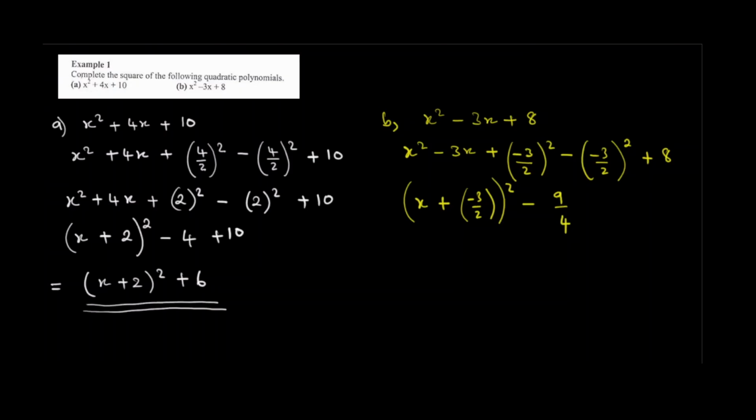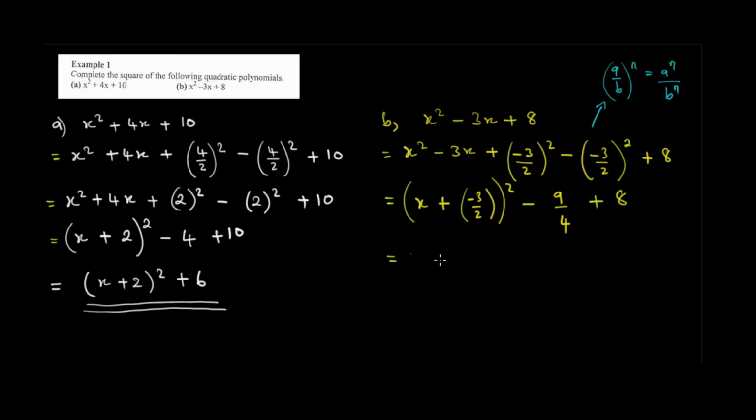Remember the law of indices, which says a over b to the power n is equal to a to the power n over b to the power n. We apply that, then plus 8. Further simplification, we are allowed to do that.